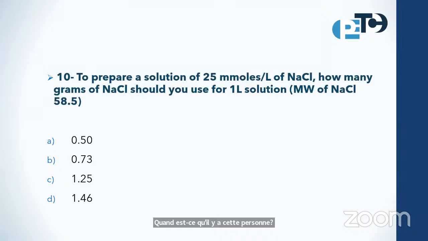Calculation problem. Let us see this one. We need to prepare a solution of 25 millimoles per liter of sodium chloride. How many grams, not milligrams, of sodium chloride should be used for 1 liter of solution?